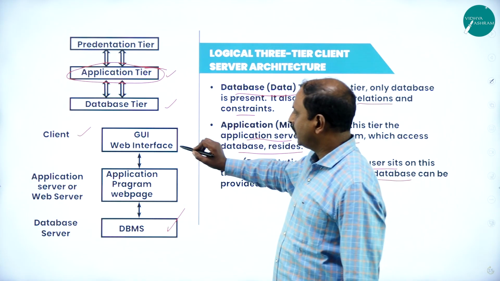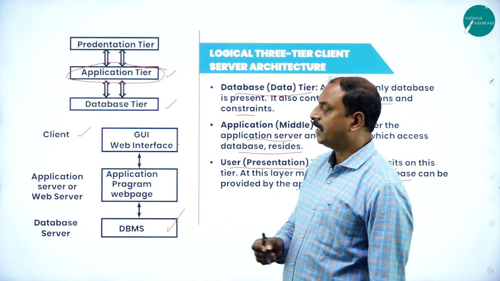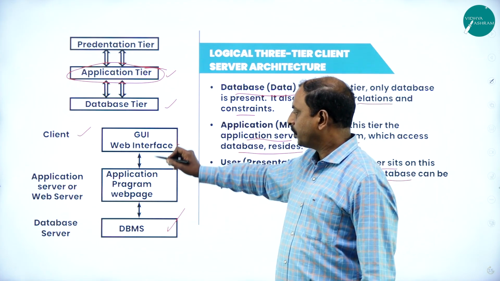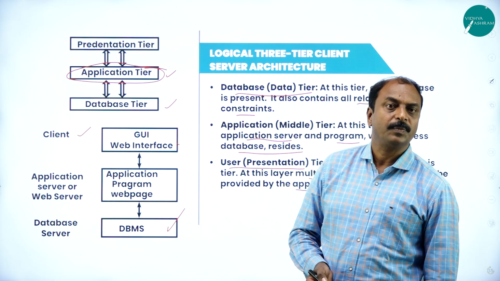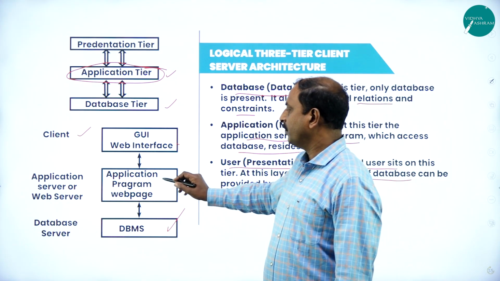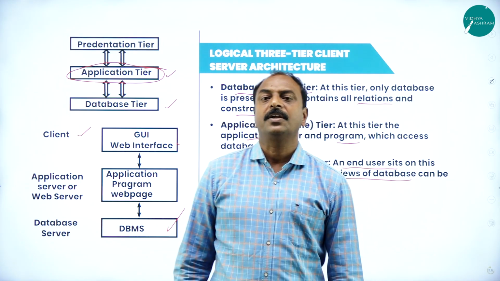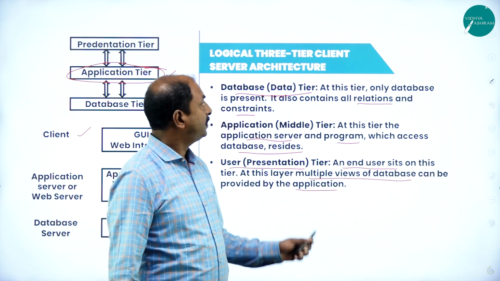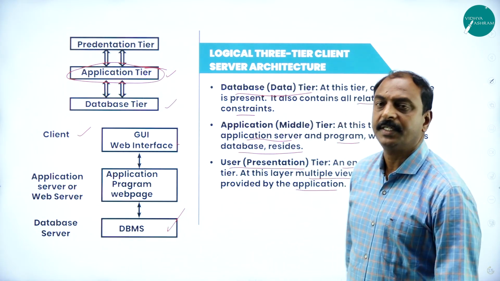So the user in this presentation tier will work with the database through the programs in the application server. And with this application program, the user is provided with different types of views of a database. So this is a three-tier client-server architecture.